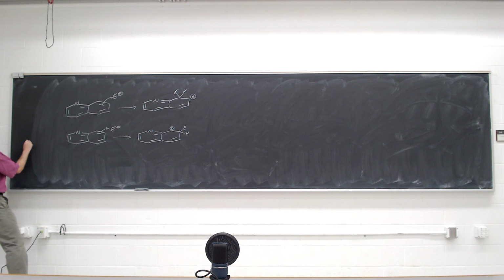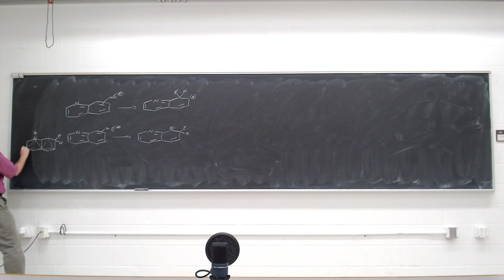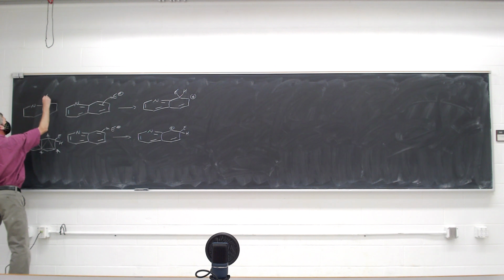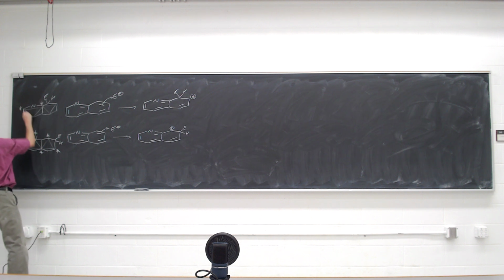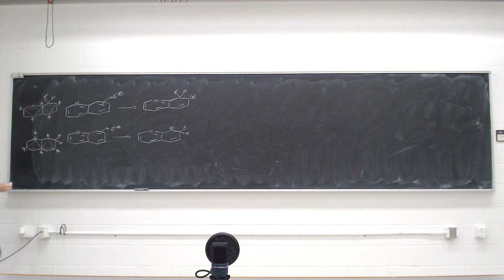We know once we've attached it here, by the same argument, we know that our positive charge is going to end up on every other atom. So we know our positive charge is going to end up in exactly the opposite positions, right?